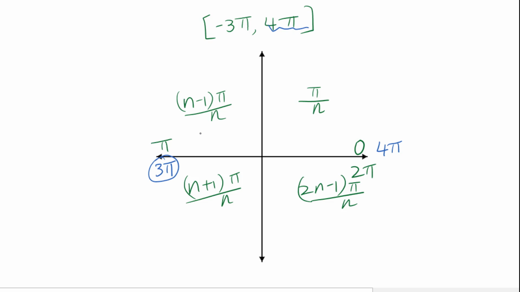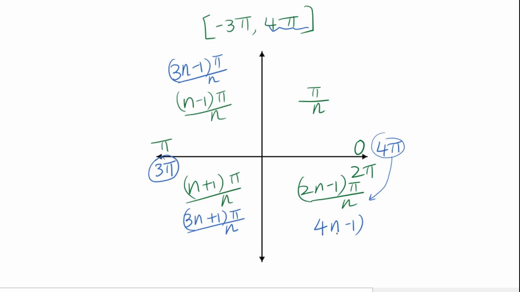So how do we write down the pattern for 3 pi? You will use (3n minus 1) pi over n. Then here, (3n plus 1) pi over n. For this 4 pi, you will write (4n minus 1) pi over n.